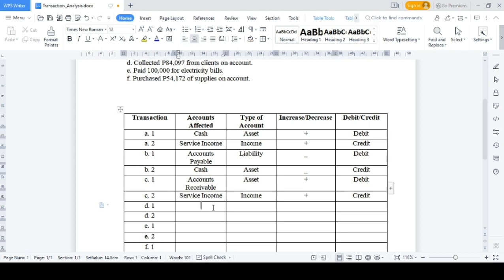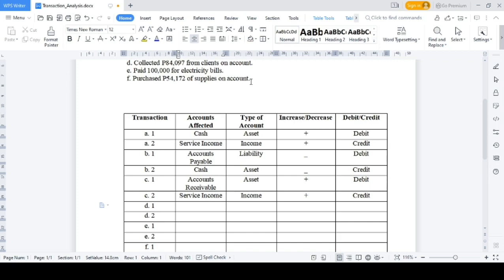So the accounts affected are cash and accounts receivable. Why cash? Since the client paid them, their cash increased. Because they collected 84,097 pesos from clients, meaning their client paid them 84,097 pesos cash. So their cash increased.